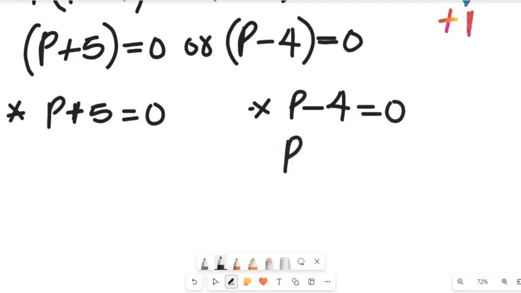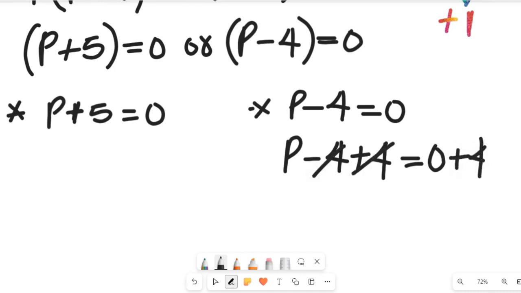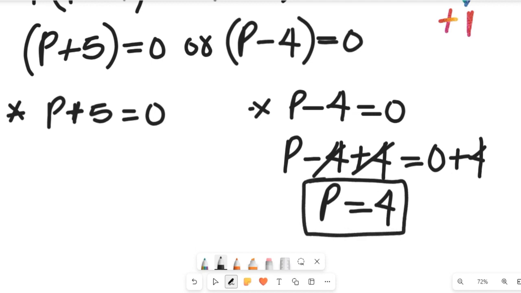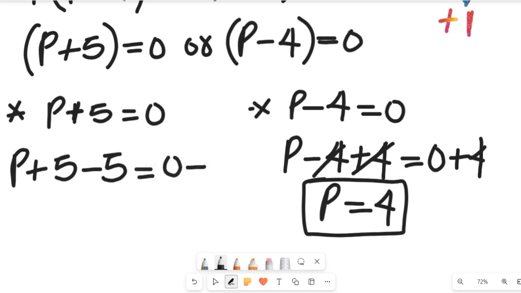If we add 4 to both sides, we have 0 plus 4, and p will be equal to 4. On the other side, if we subtract 5 from both sides, we have p plus 5 minus 5 equal to 0 minus 5, so p will be equal to negative 5.